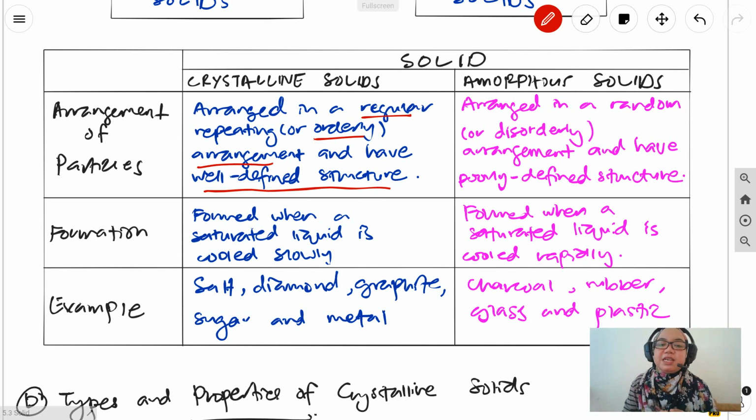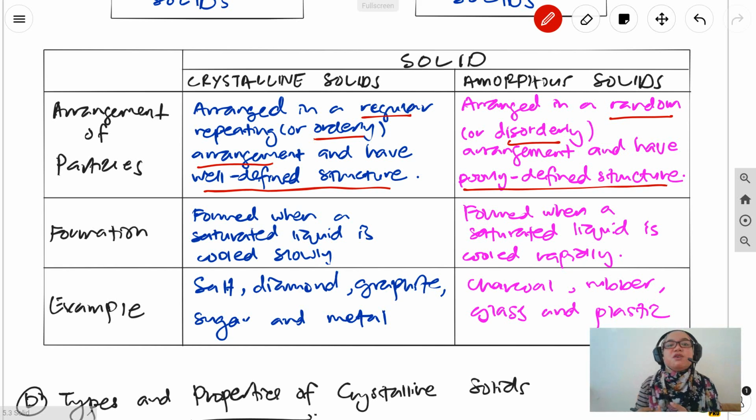So, the crystalline solid is arranged in a regular, repeating or orderly arrangement and has a well-defined structure. The structure is neat. Okay, however, amorphous solids are arranged in a random or disorderly arrangement and have a poorly defined structure. So the structure is very poorly defined, or it does not have a well-defined structure. Okay?